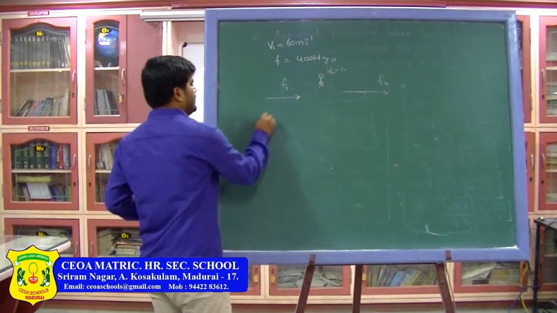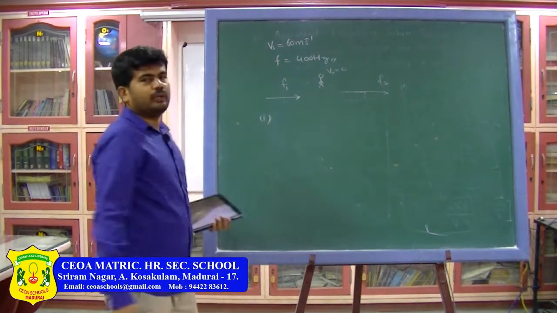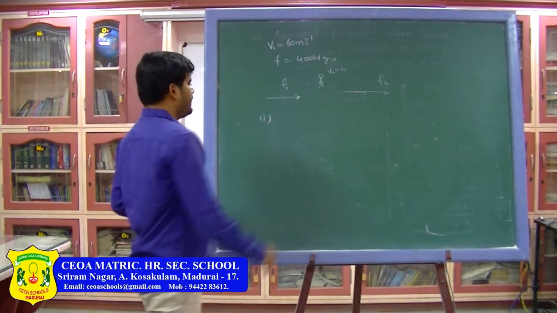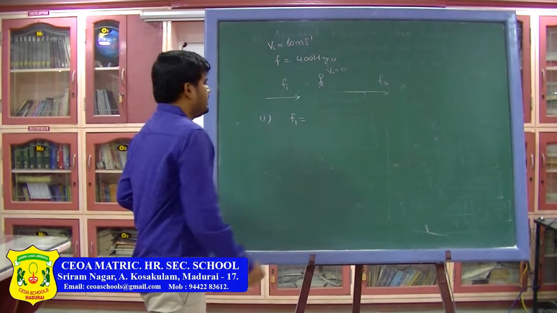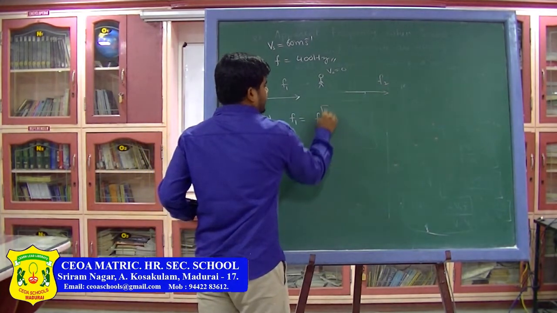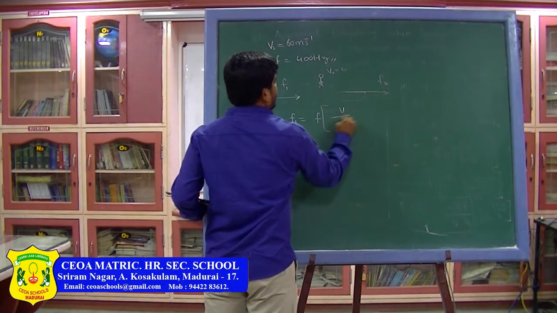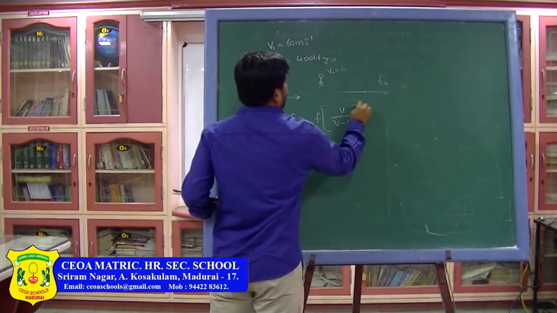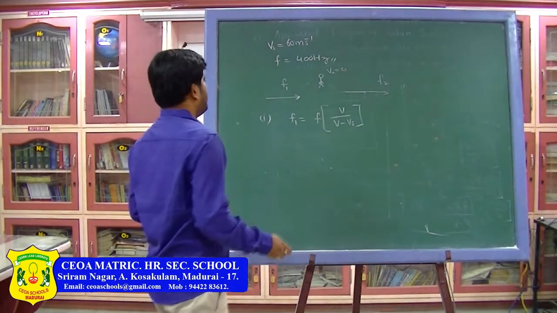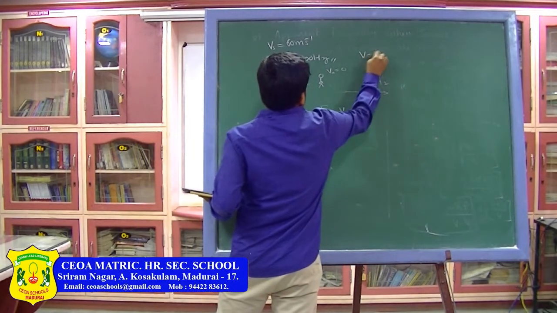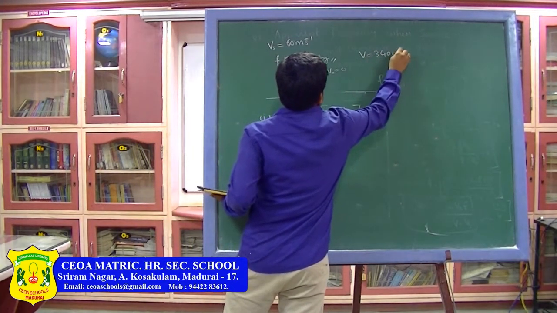The first one is the source moving towards the stationary observer. In that case the apparent frequency f1 is given by f0, the actual frequency, into v divided by (v minus vs). This is the formula. Substituting the values, the speed of sound in air v is 340 meters per second.